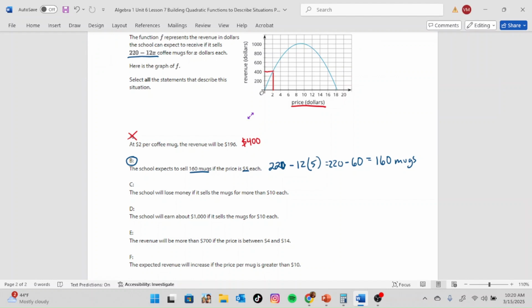Choice C. The school will lose money if it sells the mugs for more than $10 each. Well, if we look at $10 each, everything beyond here is still making money, at least revenue-wise. To know whether or not we were going to lose money, we would need to know how much the costs were.